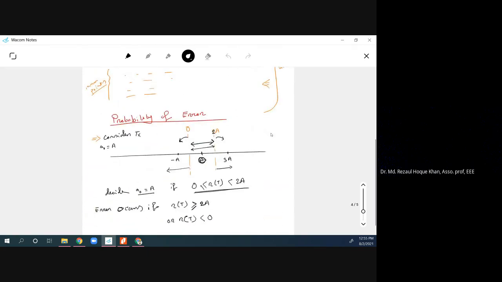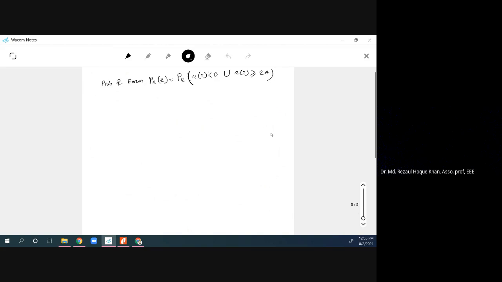RT is greater than twice A or RT is less than 0. If this condition happens, then the error occurs, which we express by this.